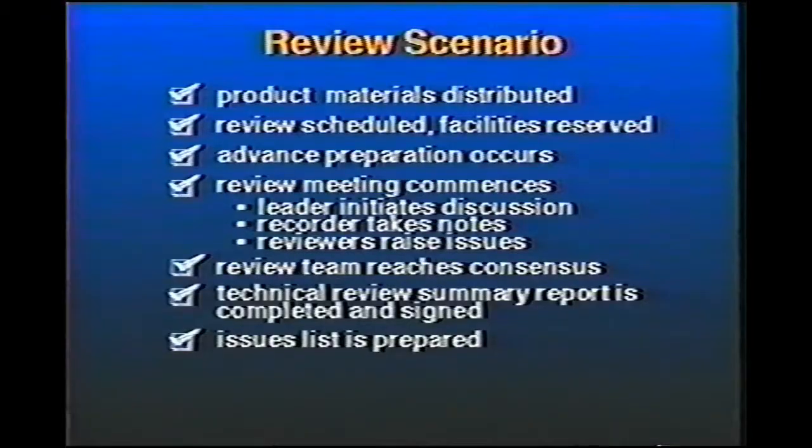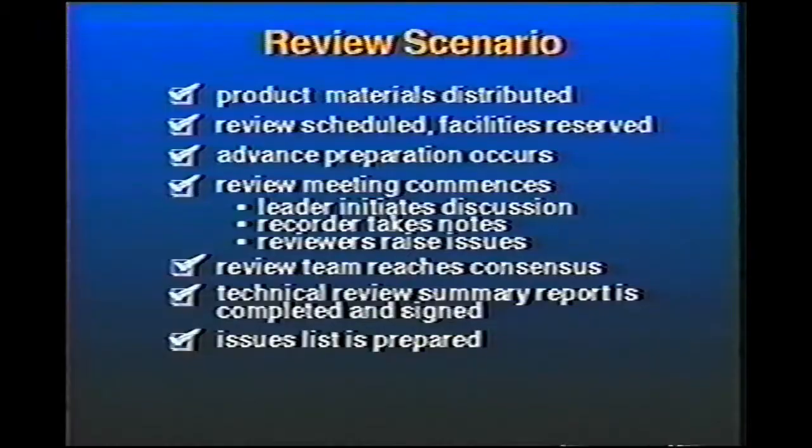First, review materials must be distributed to everyone who is going to participate in the review. And in fact, the review must be scheduled and facilities must be lined up in a way that allows people to participate easily. Advanced preparation must occur, and when the review meeting commences, the leader should take action to be sure that drift does not occur, that an agenda is maintained, that a recorder takes notes, and that the reviewers raise issues in an appropriate fashion.